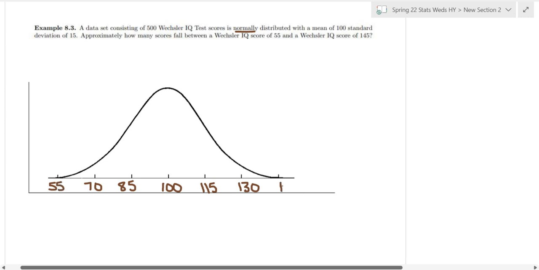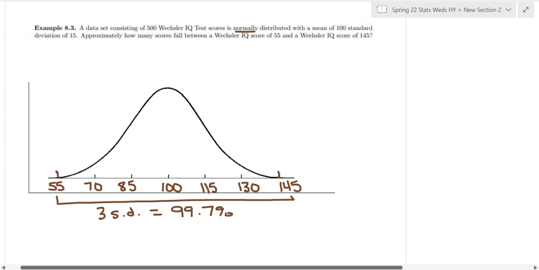Add another 15, 145. So we're looking at 55 and 145, so that's here. So how many standard deviations is this? 3 standard deviations, which according to the empirical rule is 99.7%. So 99.7% of the people that took this IQ test had a score between 55 and 145.